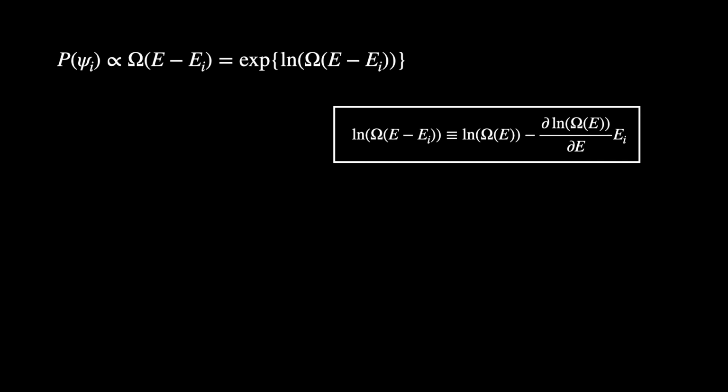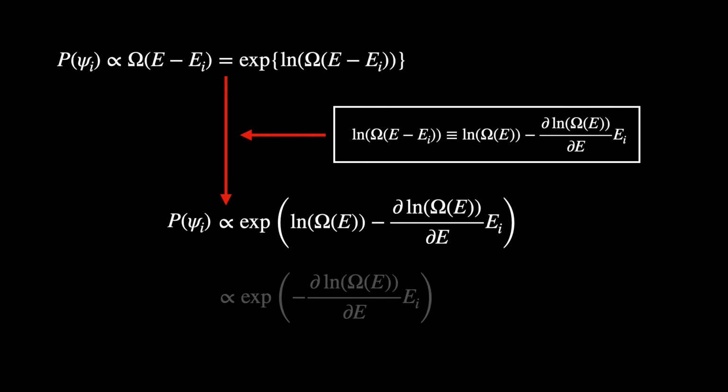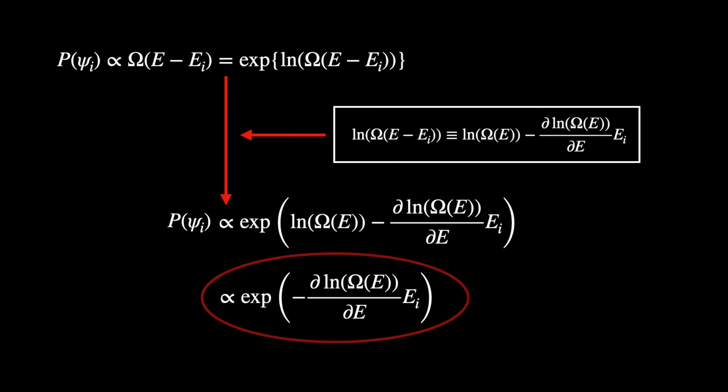Substituting this back into the exponential function and absorbing the term independent of EI into the prefactor, we get the probability of the system in psi I. It is important to note that this probability is considered to be a function of EI, while the functions of the total energy E are regarded as constants to be consistent with the physical situation.